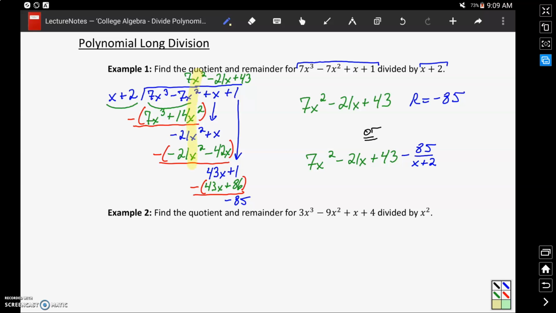So in this case, all of our x squared terms are in a line. All of our x terms are in a line, though my line got a little shaky there. And then all of our constants are in line with one another. So that just gives you a way to keep on track and know that you're multiplying by the correct value up here, because we should see those powers of x all lining up with one another.